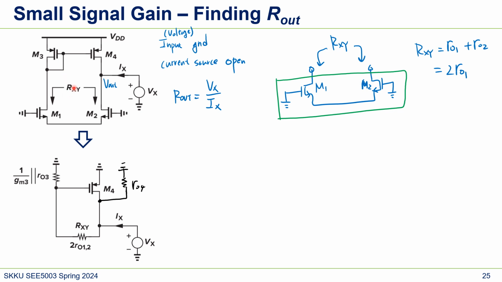And to see here, that's 1 over GM3 parallel RO3, right? This part. So this 1 over GM3 and RO3. And to look at here, RO4, and we still leave this NMOS because the voltage here changes.